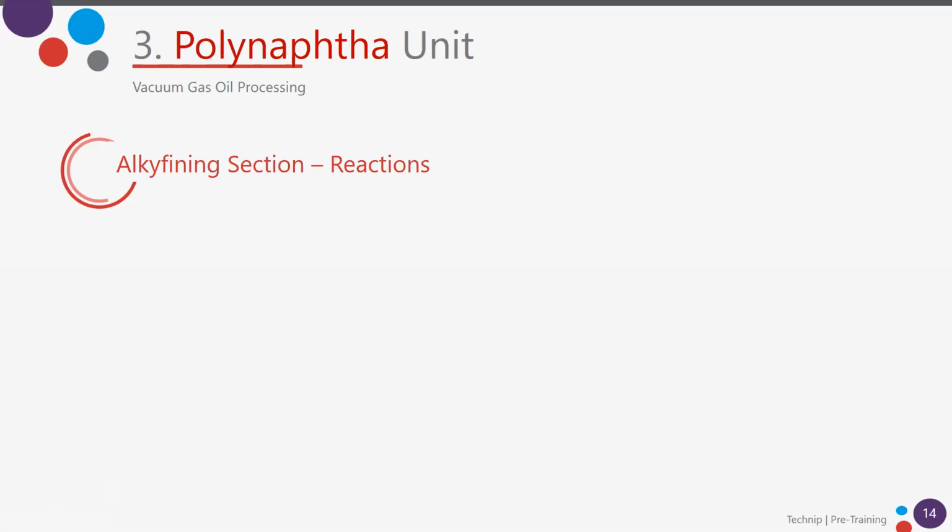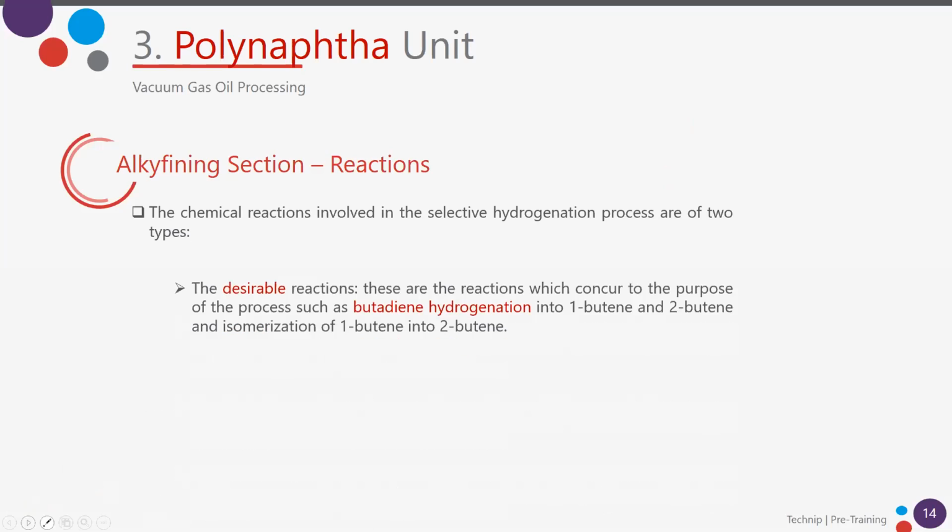Sure, sure. Thanks. So the reactions that take place in this hydrogenation are of two types. We have the desired reactions, of course, that are the reactions in accordance with the purpose of the product. We will have the butadiene hydrogenation into 1-butene and 2-butene.